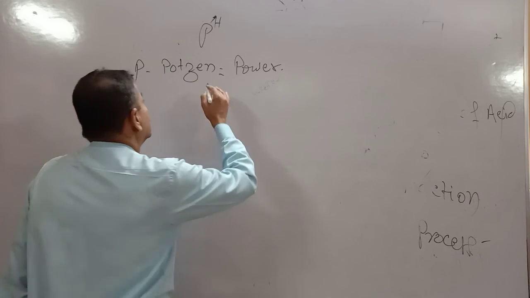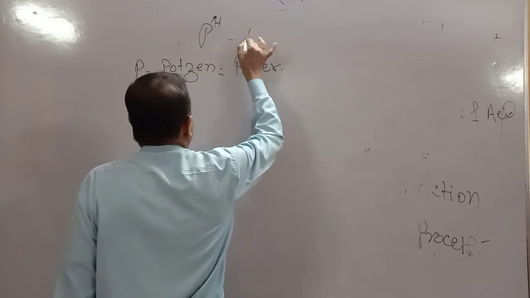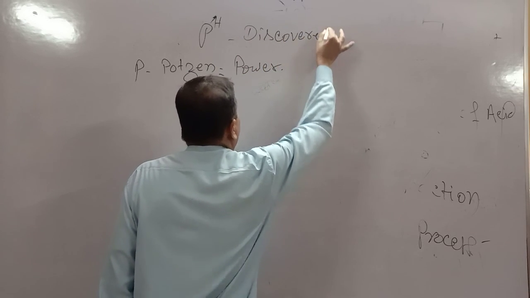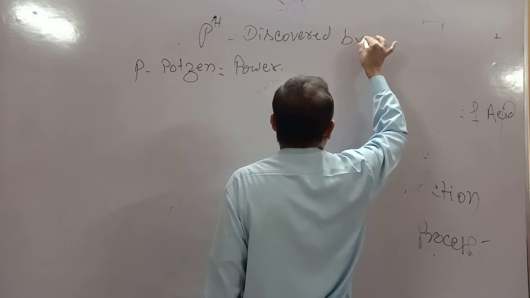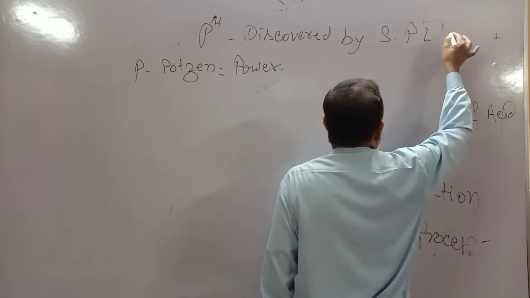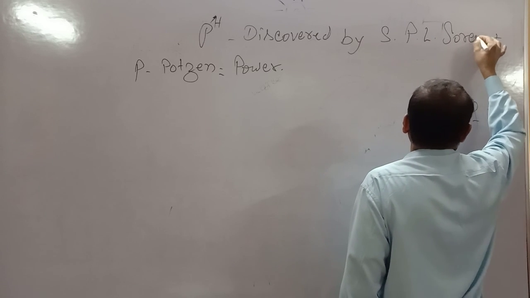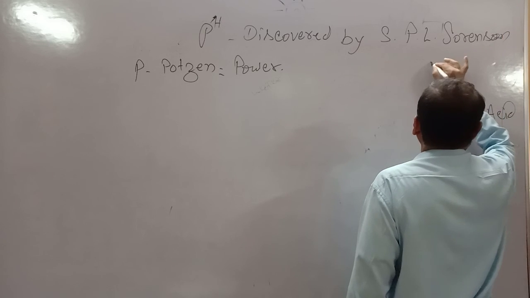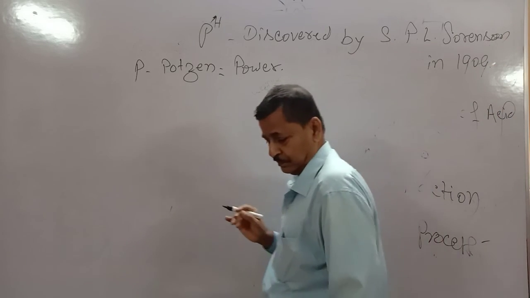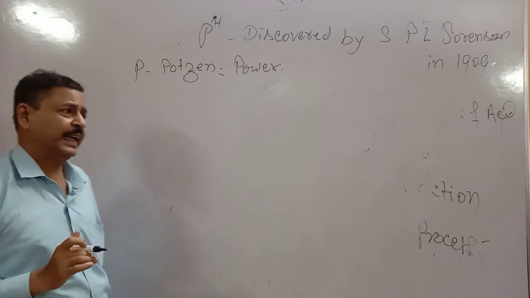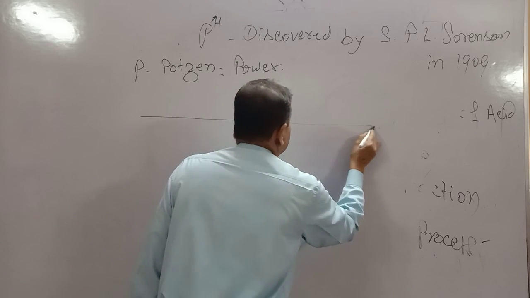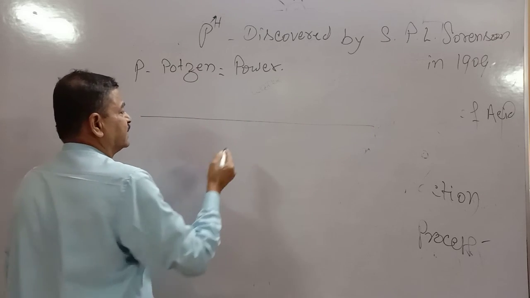Now, pH was discovered by S.P.L. Sorensen in 1909. He also made a scale which determines the acidic or basic nature of a solution.